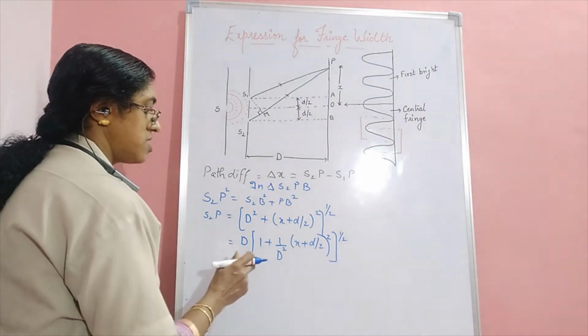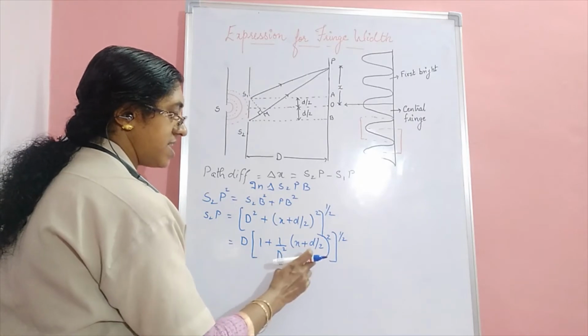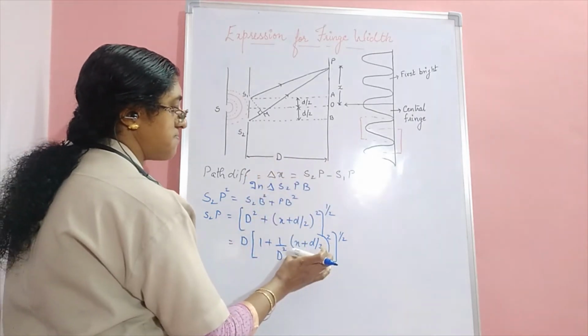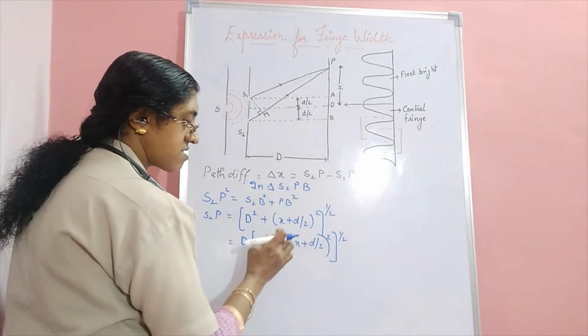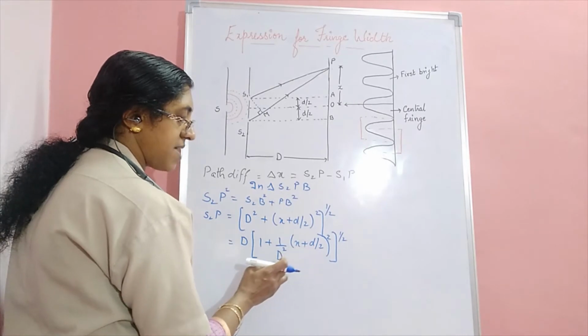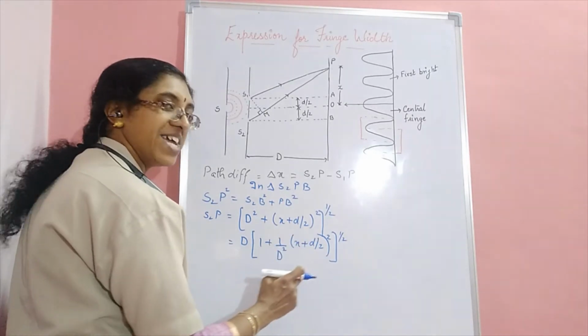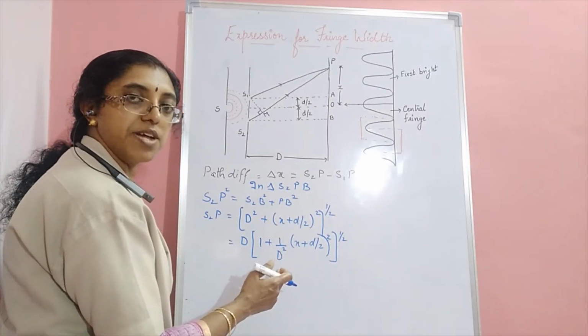Since D is a large distance as compared to x and d by 2, this term is divided by a greater denominator, because of which the whole term becomes very, very small, so that I can apply the binomial theorem.